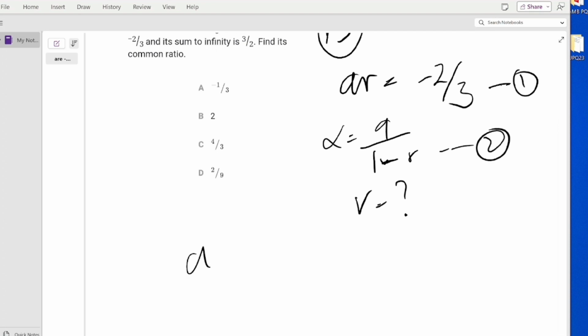We write our equation 1, AR equals minus 2 over 3. We divide both sides by R to make A the subject of the formula.